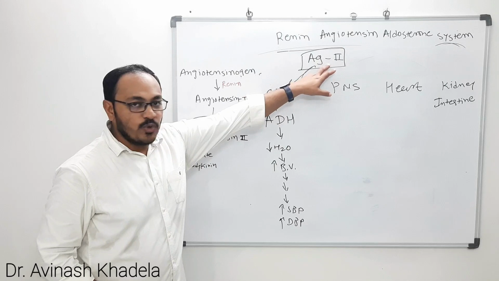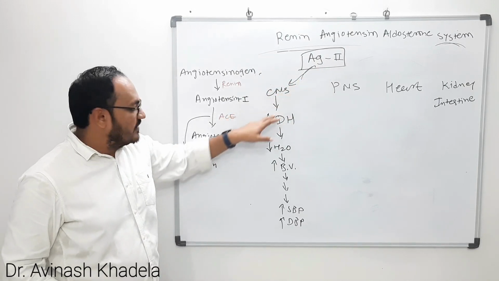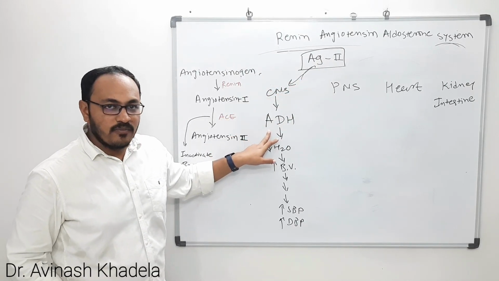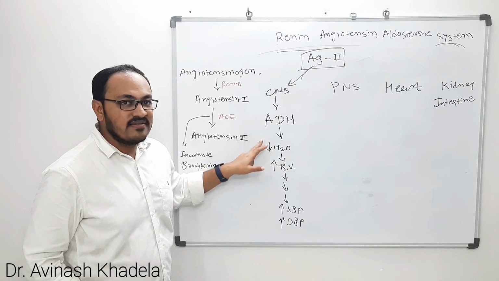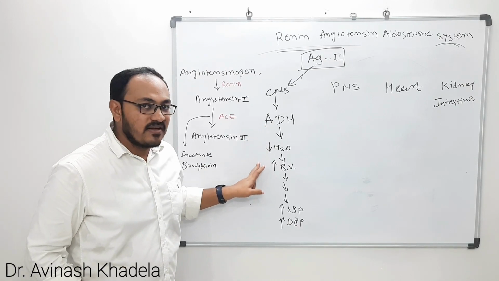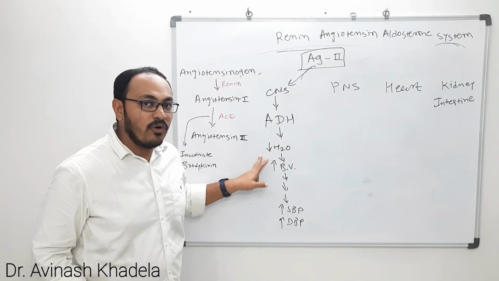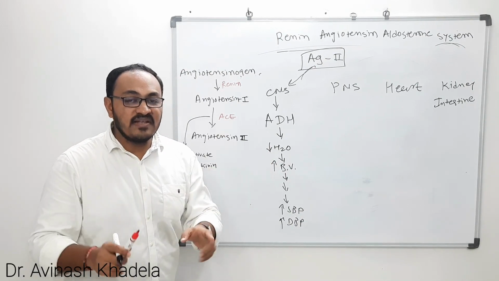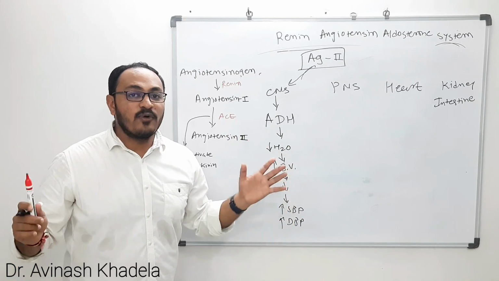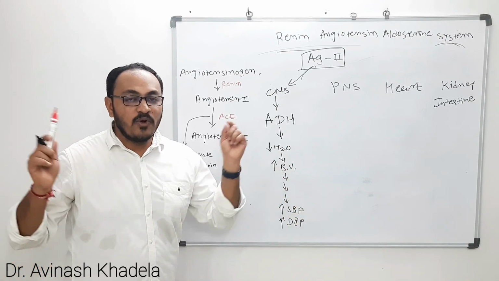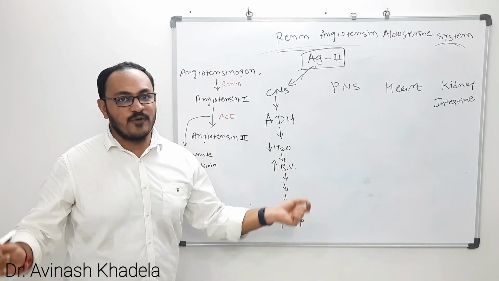So angiotensin 2 via the central nervous system secretes antidiuretic hormone, which increases the permeability in the collecting ducts, and thus water will be retained more, because when the permeability is increased, outside the duct there will be a high concentration of solute, and because of the high concentration, there is a high osmolarity.